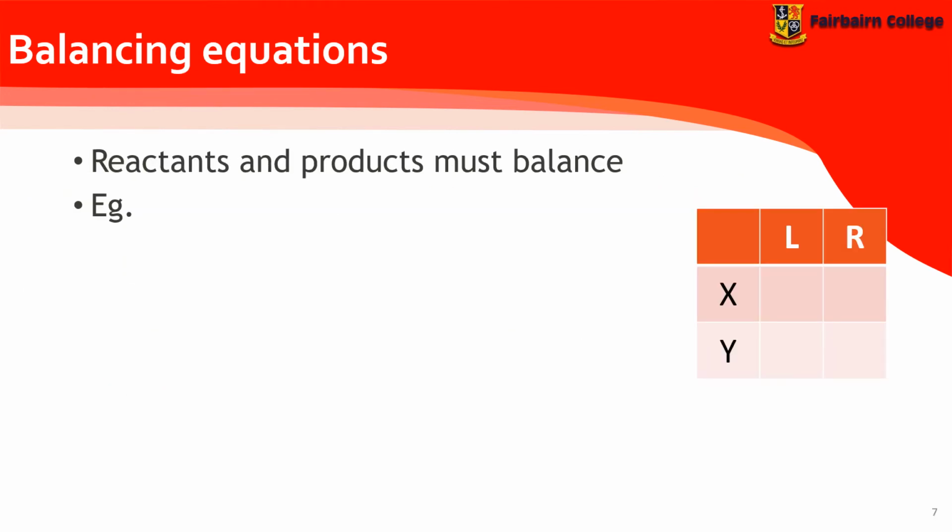So something that is very important when working with chemical equations is that the number of reactants and the number of products needs to balance, meaning what you put in needs to equal what you get out.